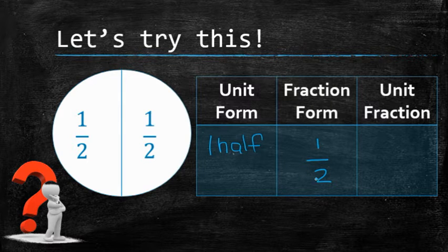We're just saying it a little bit differently. And a unit fraction, a unit is just 1. We call 1/2 a unit fraction because it names one of the equal parts. So we have 1/2 there as well. Okay? Awesome job. You're doing great. Yay!